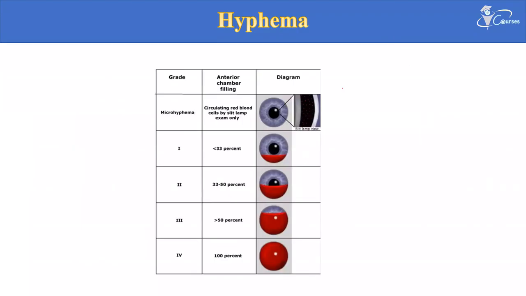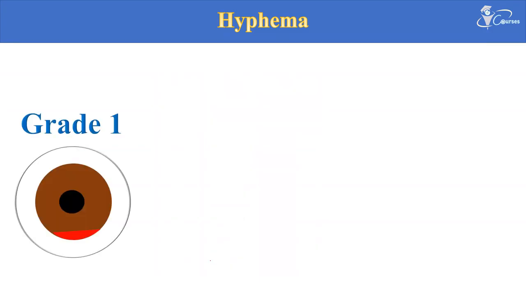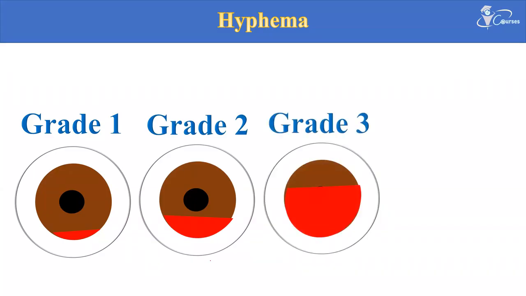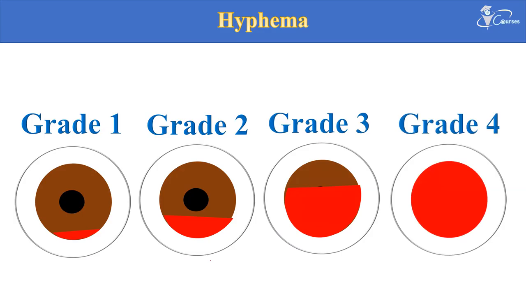Microhyphema, grade 1 less than 33%, grade 2 between 33 to 50%, grade 3 more than 50%, grade 4 total, 100%. Regarding the risk of glaucoma in each of them, this was asked before in the advanced ICO test.